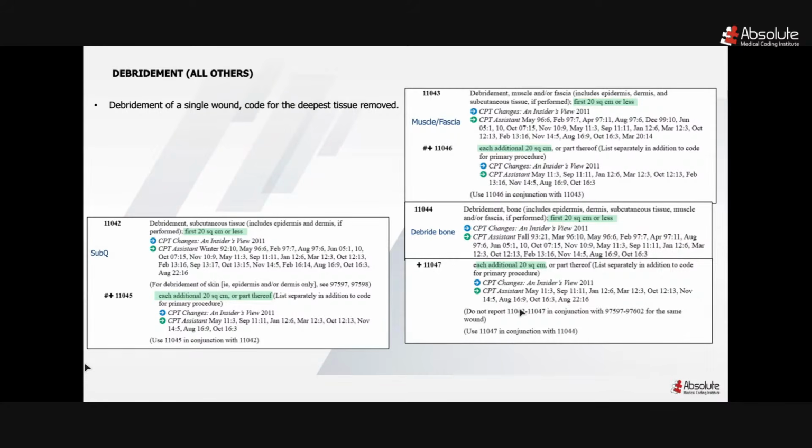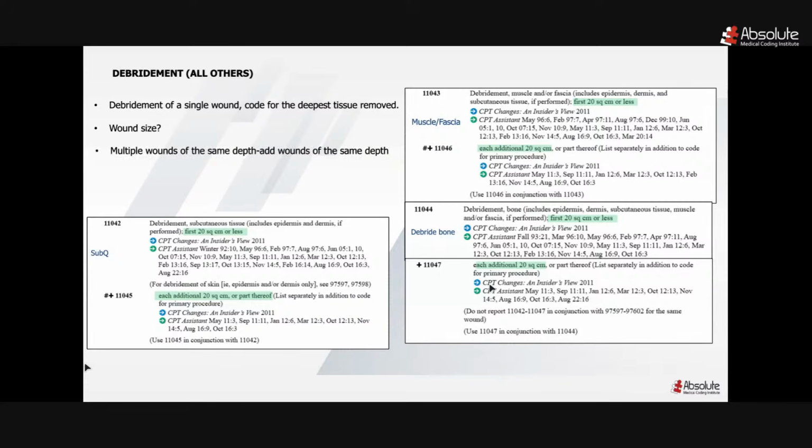Okay, now these are some of the guidelines of the debridement procedure. Debridement of a single wound is coded for the deepest tissues removed. All right, and you have to check for the wound size, as all these codes are classified based on the depth of the debridement performed.